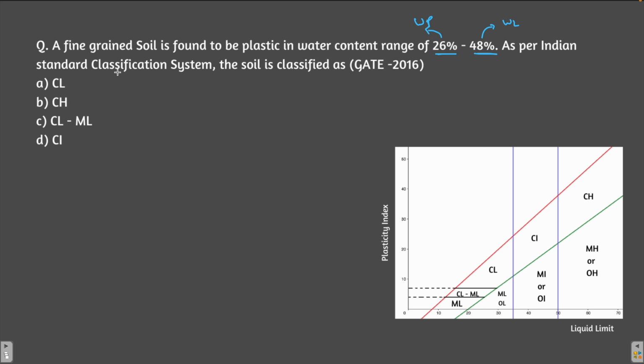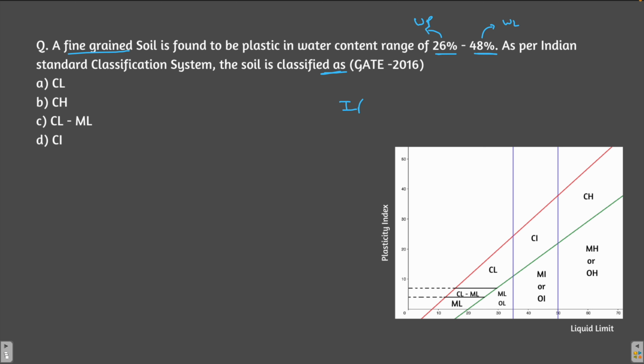As per the Indian Soil Classification System, the soil is classified as... So it is already given that the soil is a fine grained soil. We just have to find how it is classified, whether it is a clay or a silt or what. So we have to use the plasticity chart in order to find the correct answer.